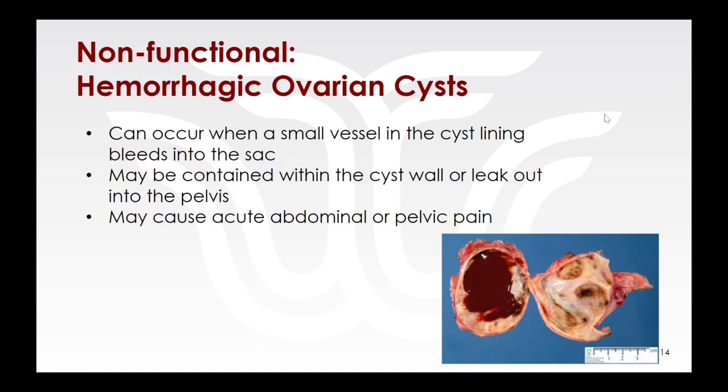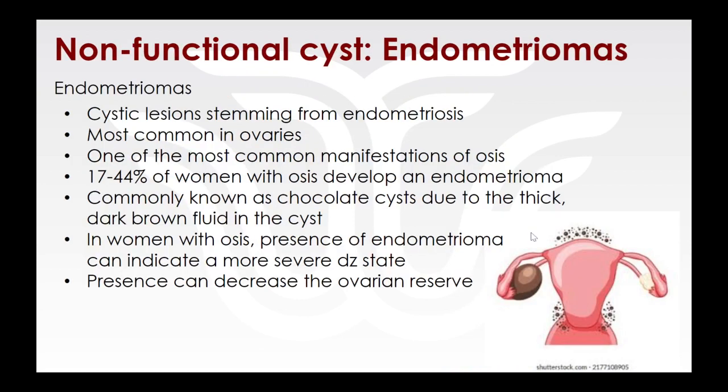That leaking of blood out into the pelvis can cause significant pain. These also can become big and rupture. Those are typically ones that will go away on their own unless they're really large, and you just watch them unless the patient is significantly uncomfortable.